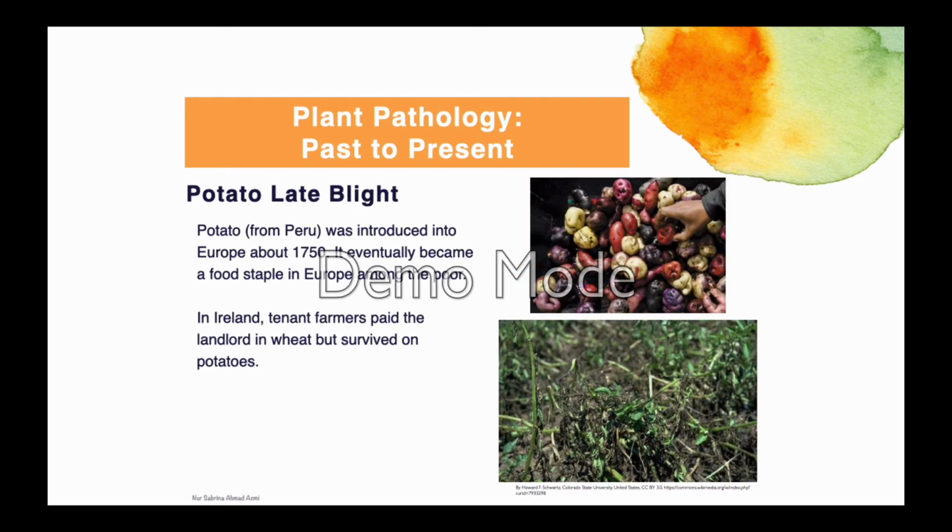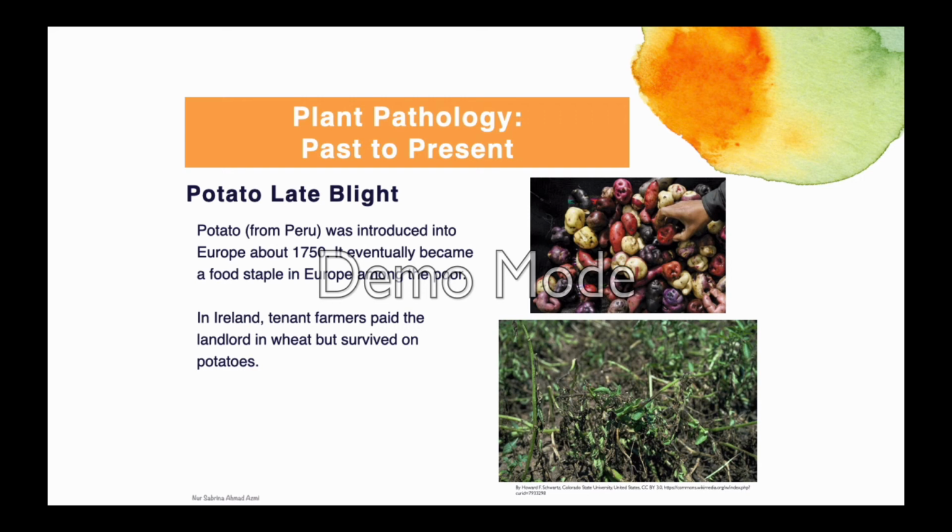Another significant disease that is well known is potato blight. Potato was first cultivated in Peru before it was introduced into Europe in 1750. After that, potato became the food staple among poor people in Europe.